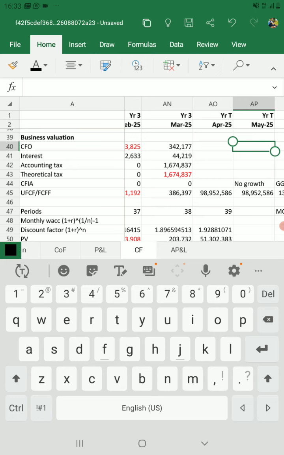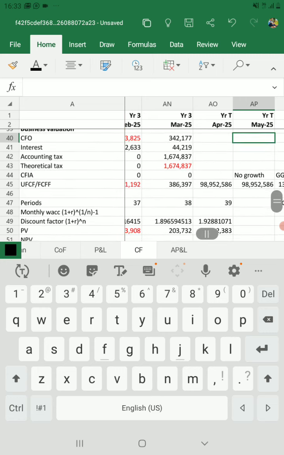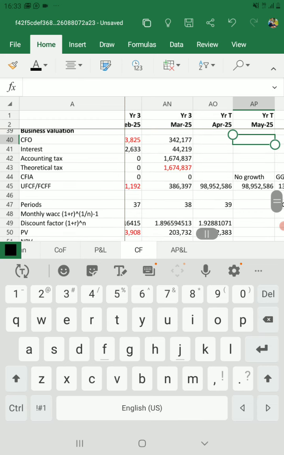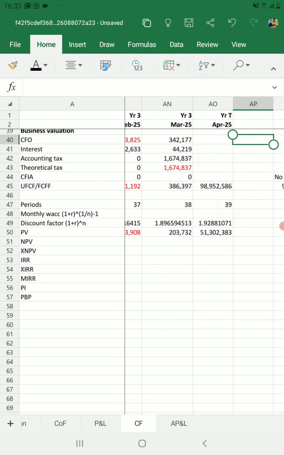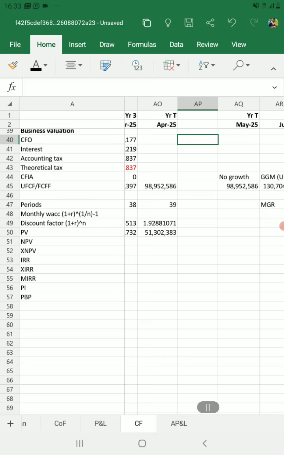Let me insert some rows here. Insert column to know where I end with my timing.